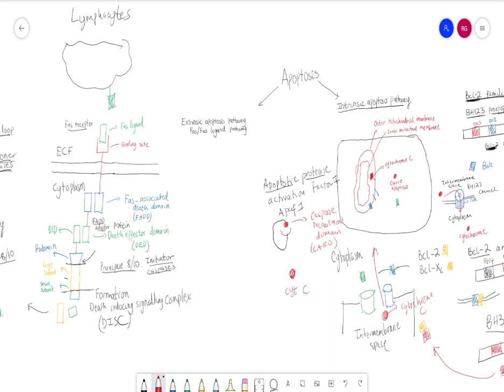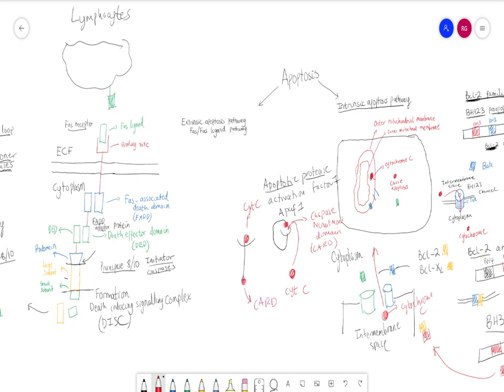And what cytochrome C can do is actually displace. So notice how it's the same color. It can bind to this binding site on the other end of your APAF1, and it's going to displace your, so now cytochrome C is bound to your end of the APAF1, and that's going to free your CARD domain.